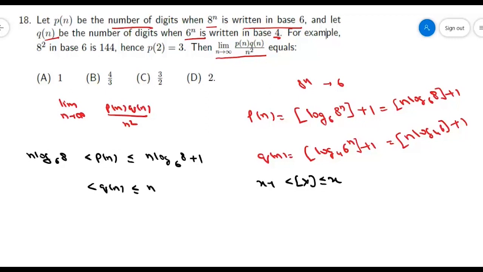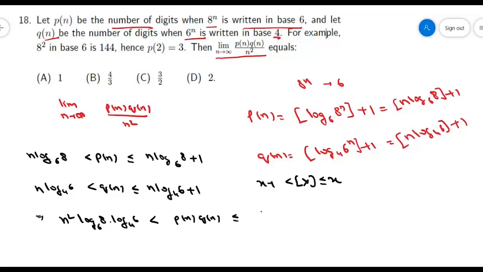So Qn will be less than n log 6 base 4 plus 1, and greater than n log 6 base 4. Now if we multiply them, we can write n square log 8 base 6 into log 6 base 4 is less than Pn into Qn, and it is less than n log 8 base 6 plus 1 into n log 6 base 4 plus 1.